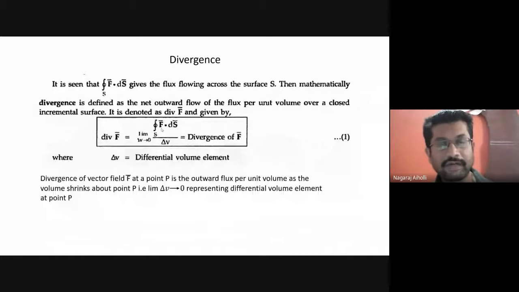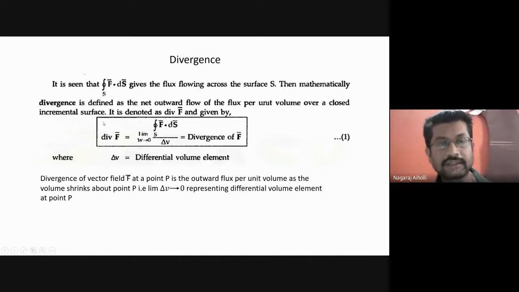Taking the flux per unit volume as the volume tends to zero gives the divergence of the vector field F bar. Divergence is the net outward flow of flux per unit volume over a closed incremental surface.